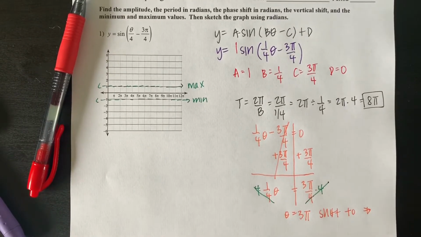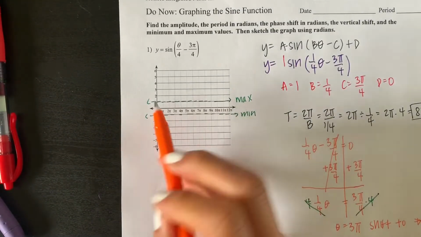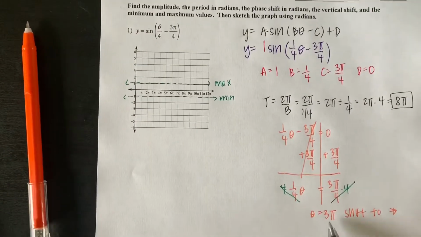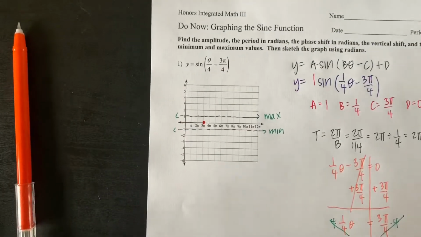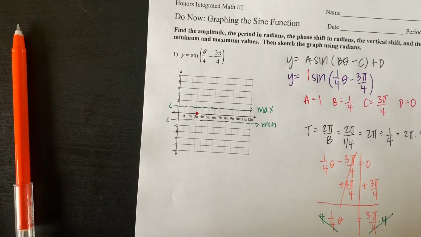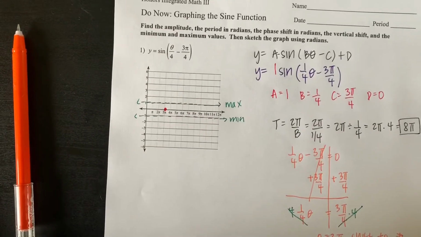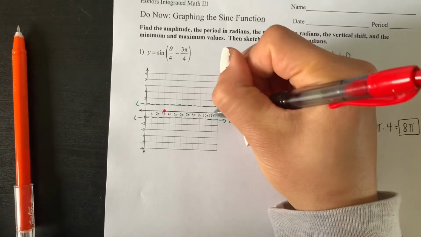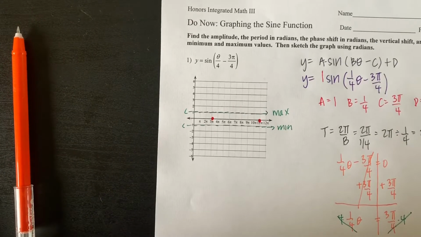So now let's take a look at our graph. Instead of starting at 0, this time we're starting at 3 pi because of my phase shift. So there's 3 pi. That's where my graph is going to start. Now we said the period is 8 pi. So 3 pi plus 8 pi is 11 pi. So that's where one cycle of my graph is going to end.